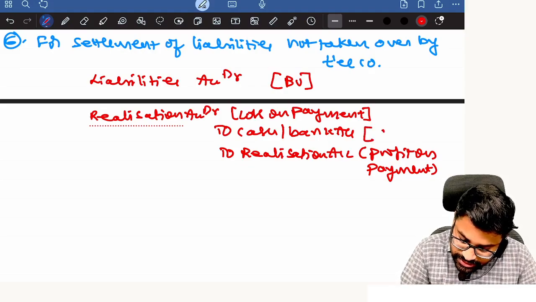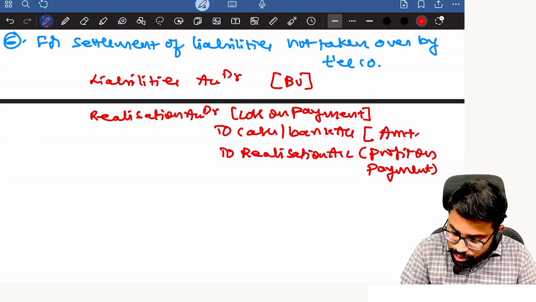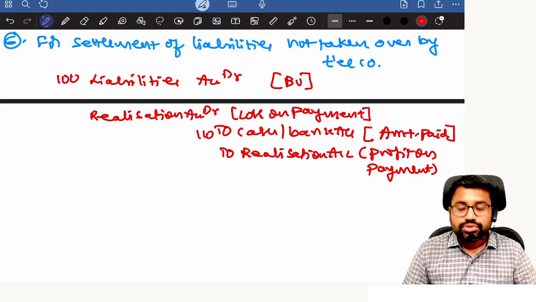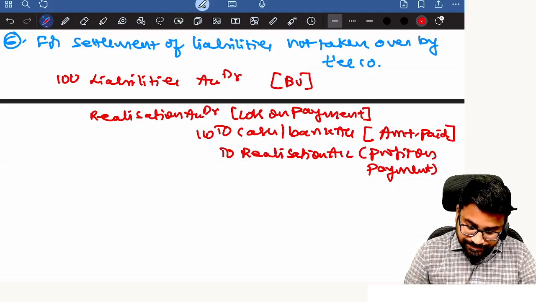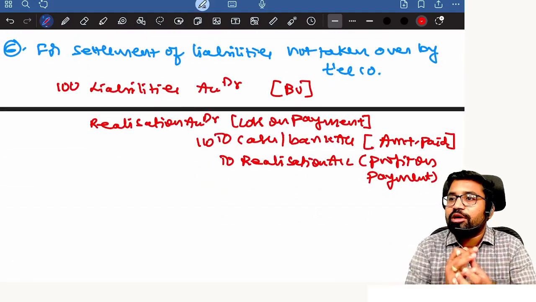So this is settlement amount, actual amount paid, right? Suppose our liability is 100, sir. We paid 110, sir. So what is the loss, sir? 10. That will be debited to realization account, like that.